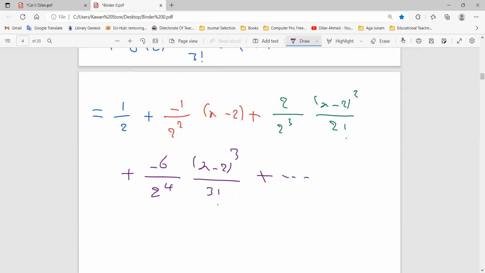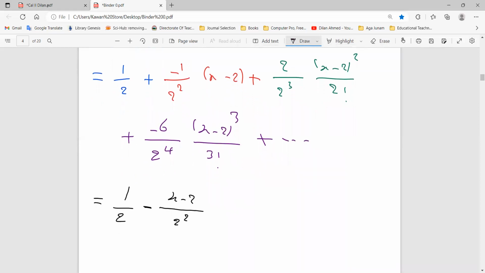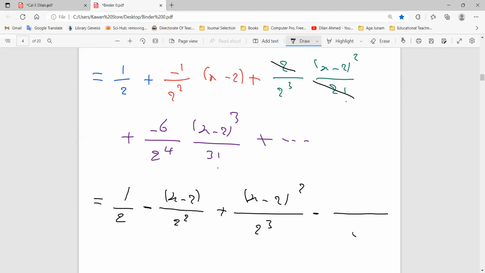And go on. It's time to do your factoring of everything. So 1/2, minus 1/2² (x − 2). Well, 2 factorial with 2, it remains what? Plus (x − 2)²/2³, minus (x − 2)³/2⁴.